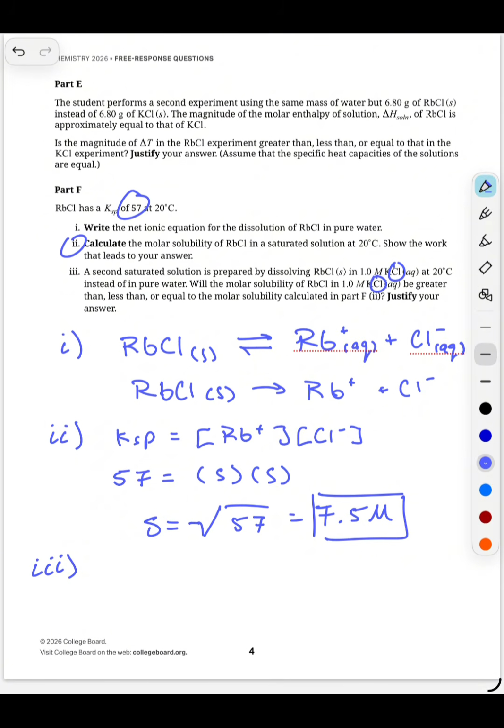If we think about this, we already have 1 molar of the chloride ion present before this even proceeds in the forward direction. That's our common ion, where if a common ion is present, it will inhibit our salt from ionizing and proceeding in the forward direction. So if we think about this as well, this term here won't just be S. It'll actually be 1.0 minus S.